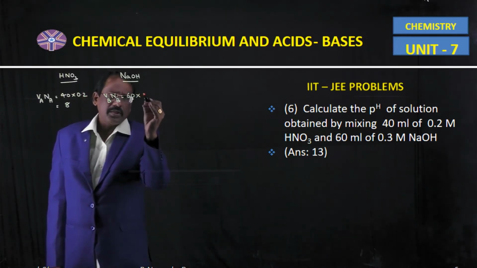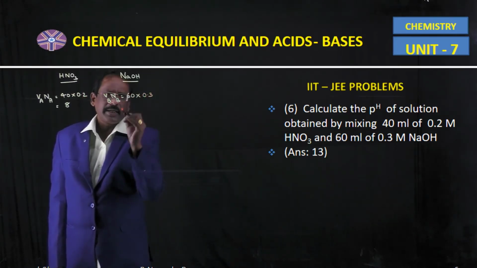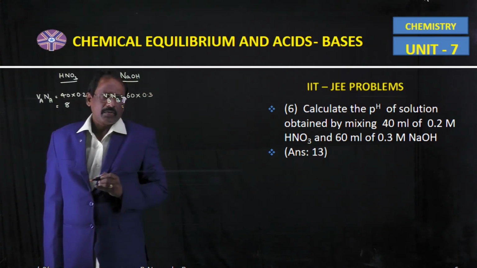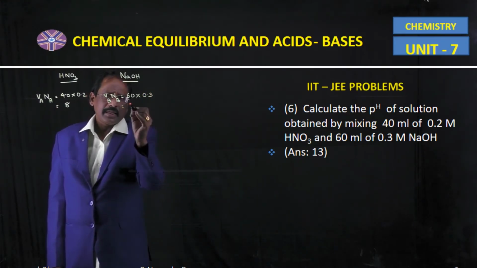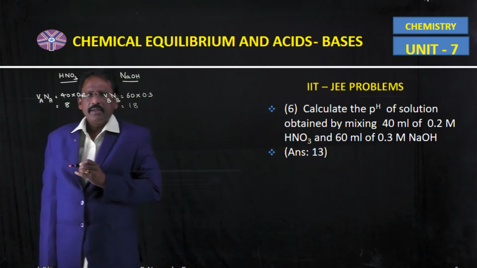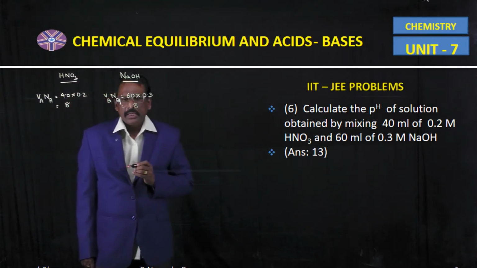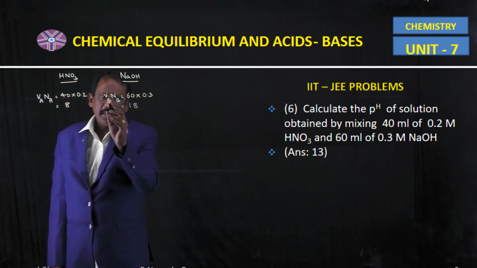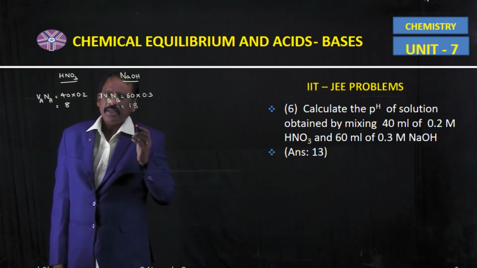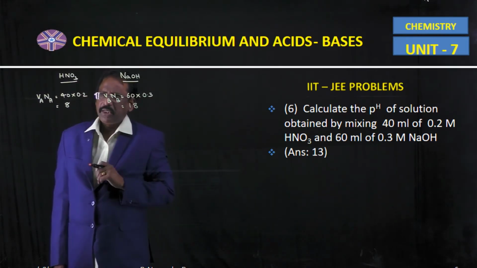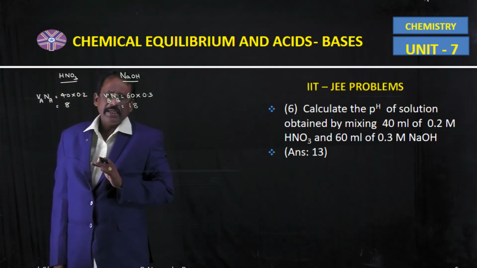So 60 into 0.3, that is equal to 18. So in this problem, milli equivalence of base is more than the milli equivalence of the acid.